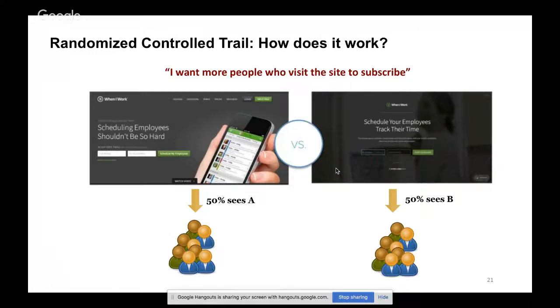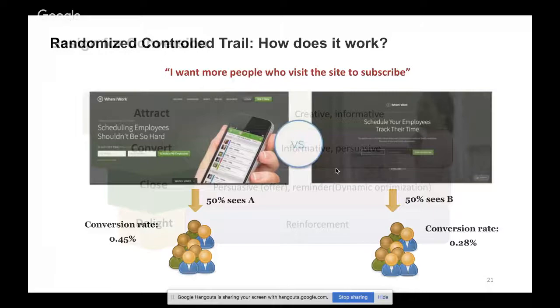Okay, so in this case, 5% of our target audience sees version A, and 5% of our target audience sees version B. Okay, by measuring the conversion rate of these two versions, then I'll have a much clearer idea which design is better for the specific target audience I have. Okay, so this is the reason why the design is important and how we should choose the right design for our target audience.